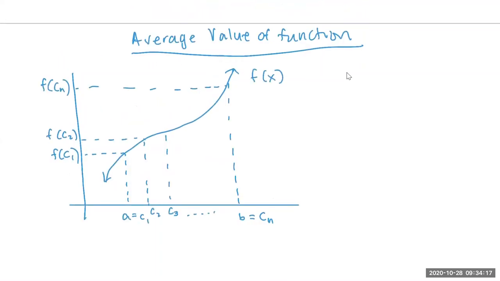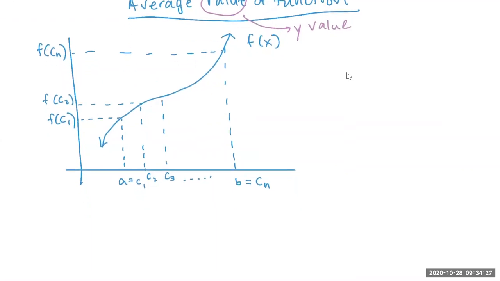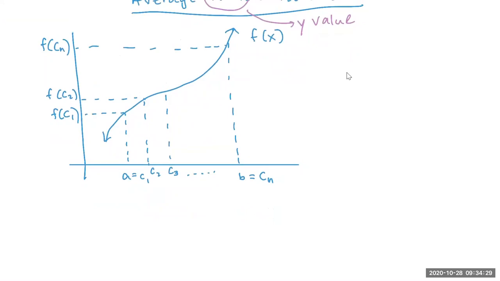Okay, so the average value of the function is really just asking you to find the average y value of the function. So we're going to do that. We're going to take all of the values that you see there. And here's the question I have for you. How many y values do you have between a and b?